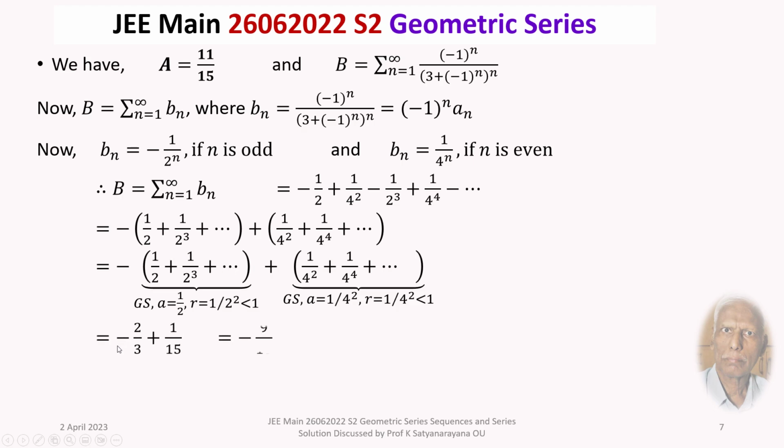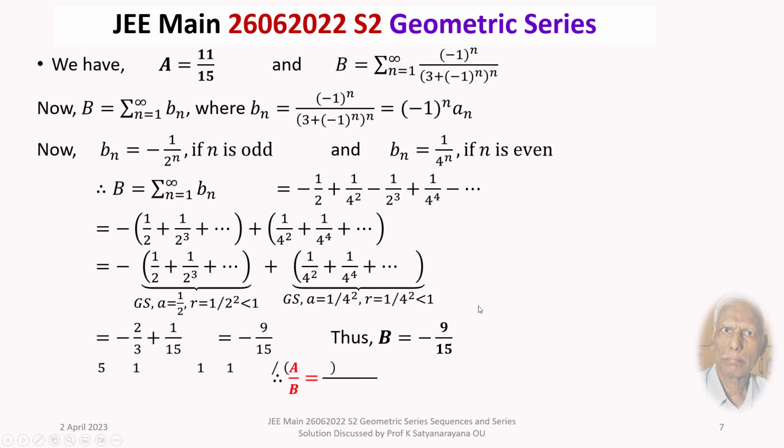So this is equal to minus 2 by 3 plus the second bracket sum is 1 by 15, as in the first case, what we have seen in the first case. And now take the LCM and simplify, you will get this is equal to minus 9 by 15. Thus, the sum of the second series capital B is equal to minus 9 by 15.